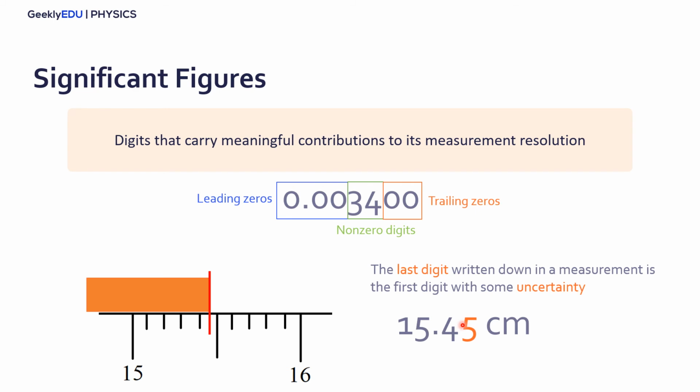Depending on the person who measures, it's not exactly 15.4, but it's also not 15.5. So it means it carries some uncertainty, okay? And when you see a measurement, always the last digit is the uncertainty digit.